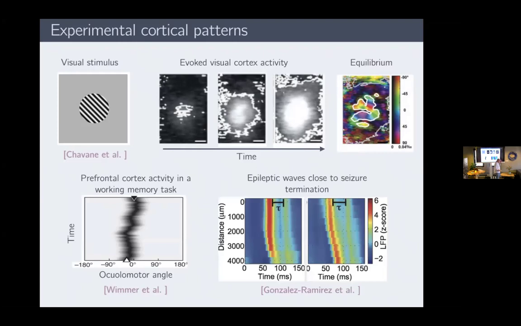And finally, if there is one experimental paper that you want to read that is both modern and offers a fantastic application for neural field models, I would recommend this one by Gonzalez Ramirez et al. from Mark Kramer's lab. They're recording with 16 microelectrode arrays in patients that have epileptic seizures.